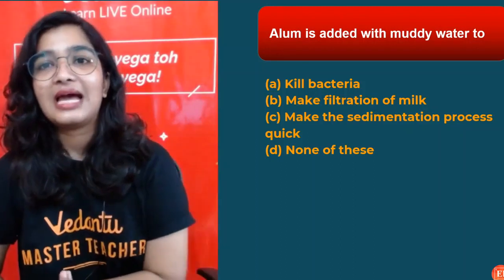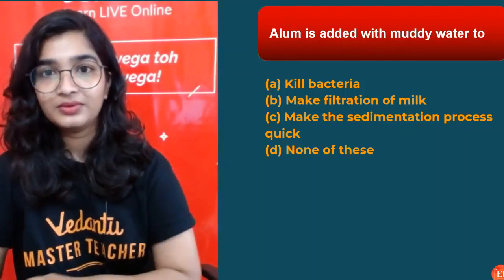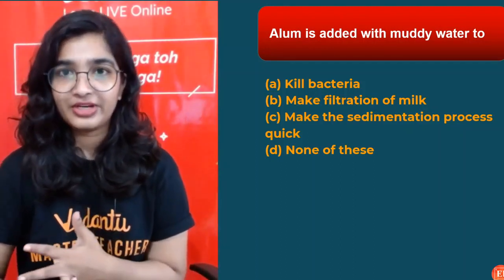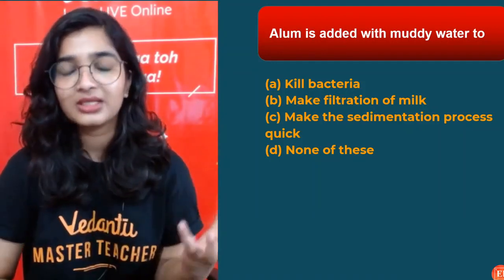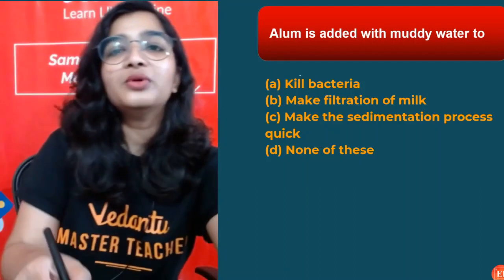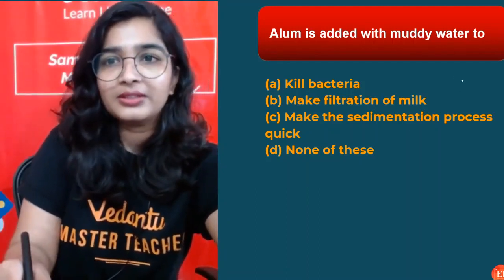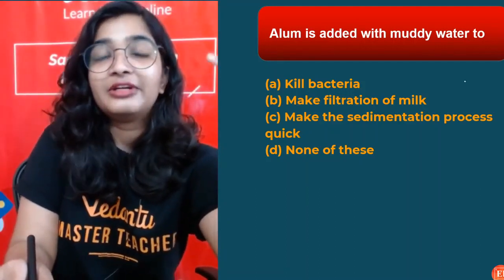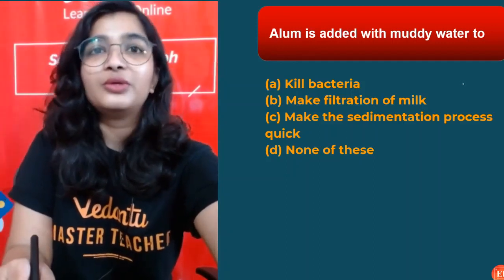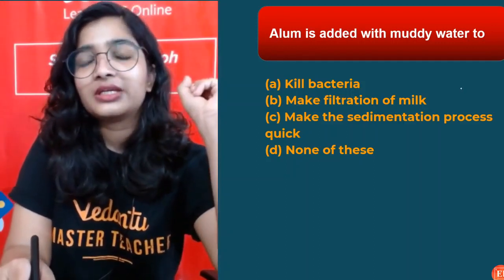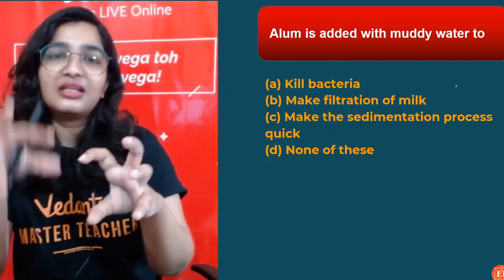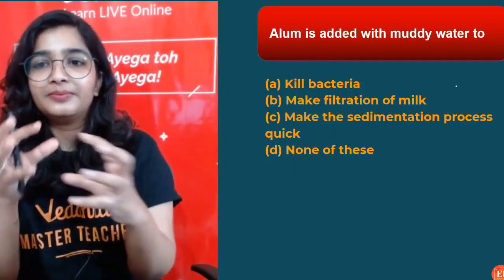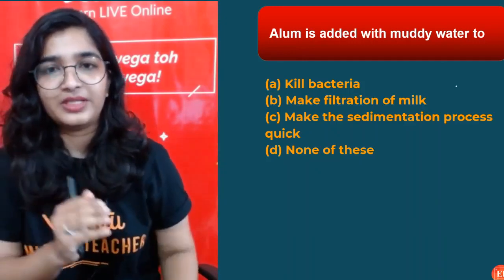Alum is added with muddy water to kill bacteria, make filtration of milk, or make the sedimentation process quick. None of these, so alum, no. Whenever you have muddy water, usually in the filtration of water we use alum, potash alum. It's basically aluminium sulfate with another metal ion present in that compound.